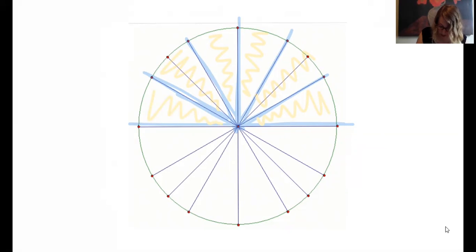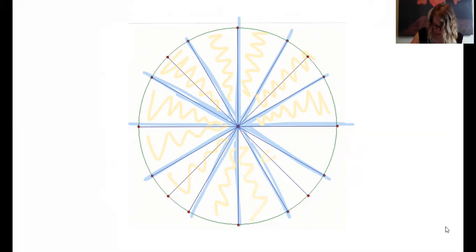And then I can keep on going. Okay, so there's 12 total, but the top half is cut into 6 pieces.